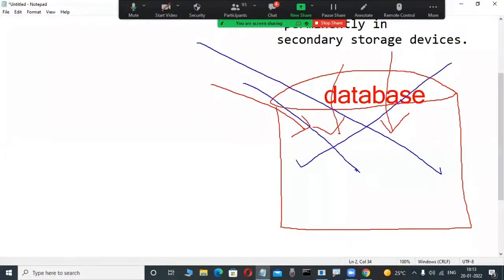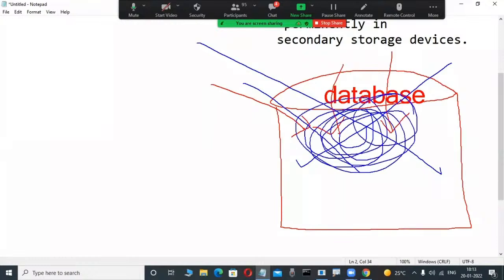Actually, Oracle, SQL Server, DB2, Sybase, Informix, Ingres, Teradata, these types of databases are not storing a random collection of data. These databases only store a structured collection of data. That is important.